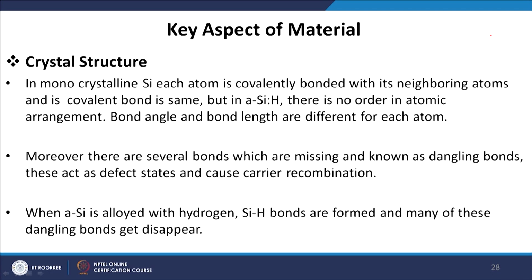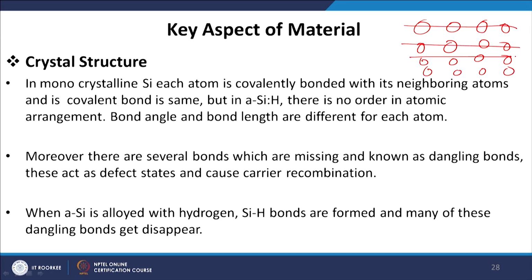If you remember, how does crystalline silicon arrange itself? Let us draw some silicon atoms. This circle is a silicon atom, and they are all bonded with each other by covalent bonding.